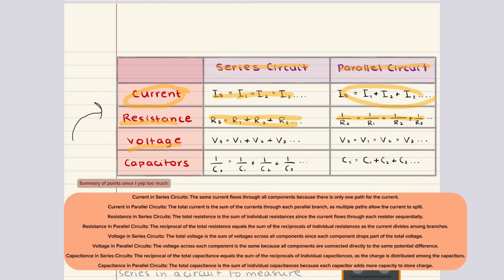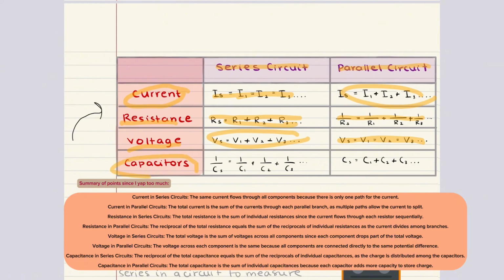Then we have voltage. In a series circuit, the voltage is divided across the components, with each one experiencing part of the total voltage. But in a parallel circuit, each component receives the same voltage as the source.